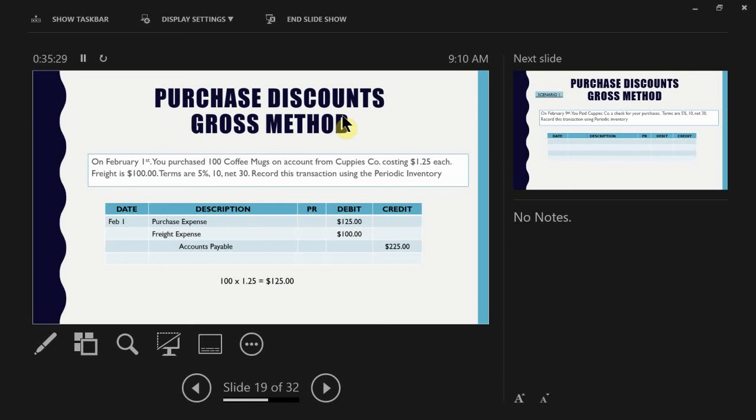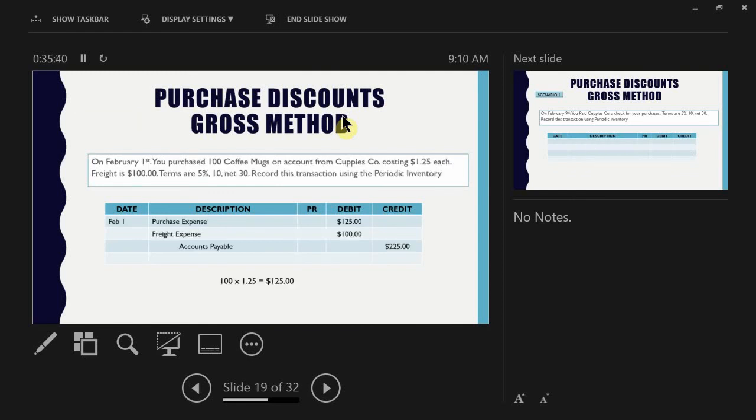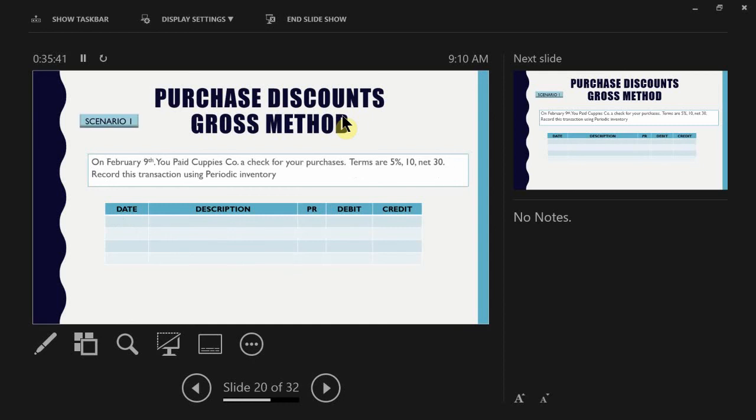Okay. Now, scenario here is scenario 1. What if on February 9th, okay, so my first purchase was on February 1st, so February 9, I decided that I actually paid Cuppy's Co. a check for the purchases of the inventory, okay?